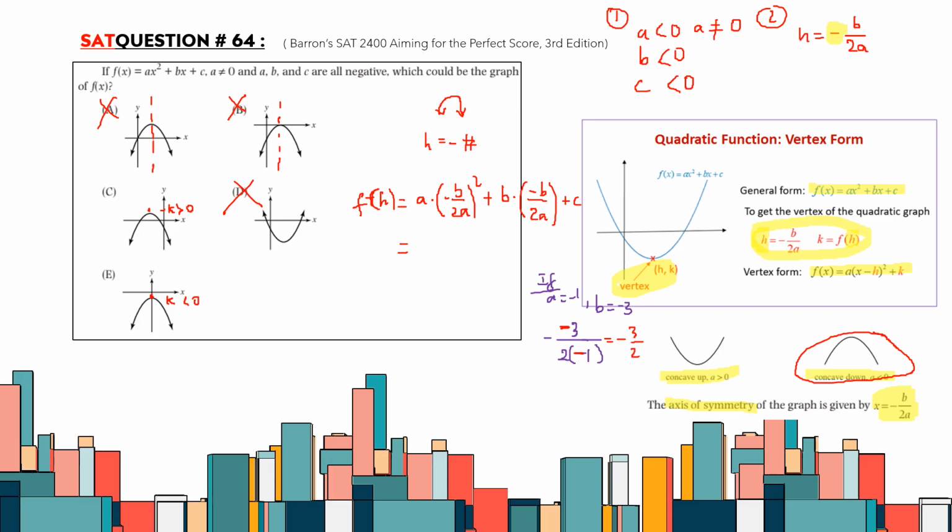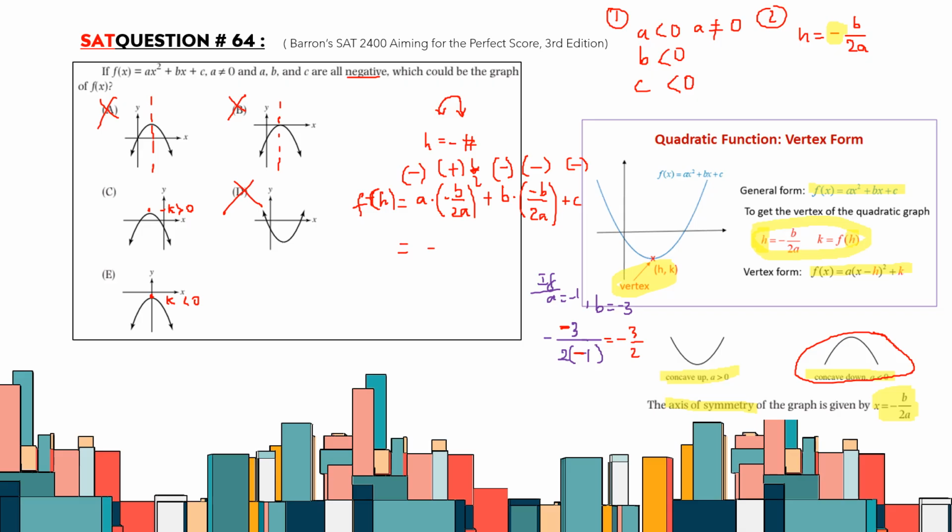So like we said, h is already negative. Here a is negative. This one is positive because it is squared, so it will be negative times positive, which is negative. For b, it will be negative, h is negative, so positive, and c is negative.